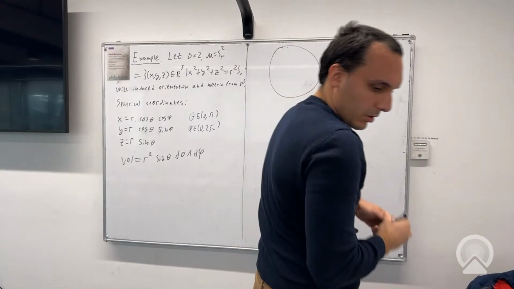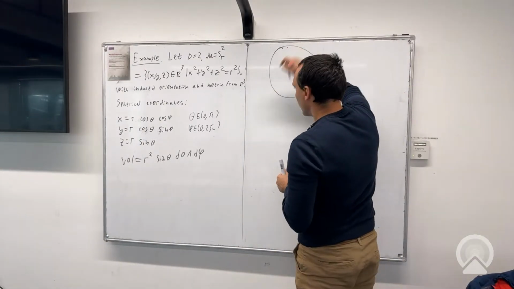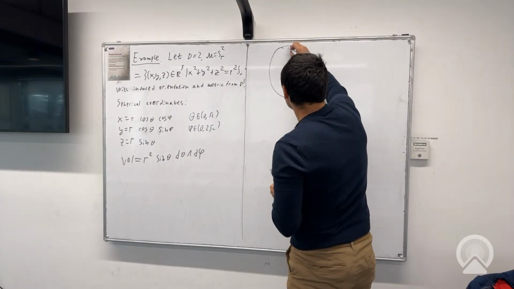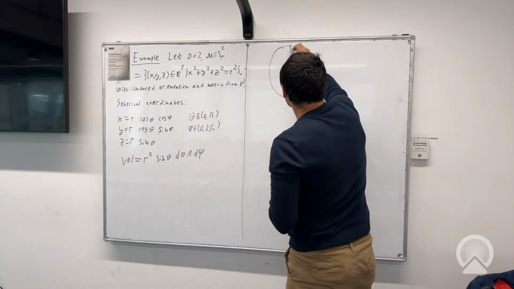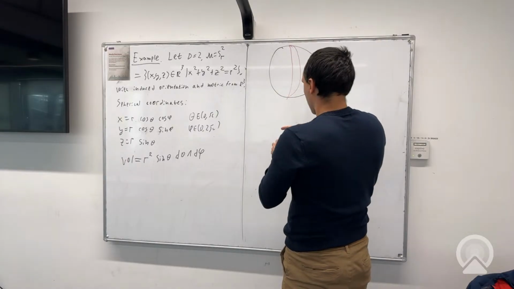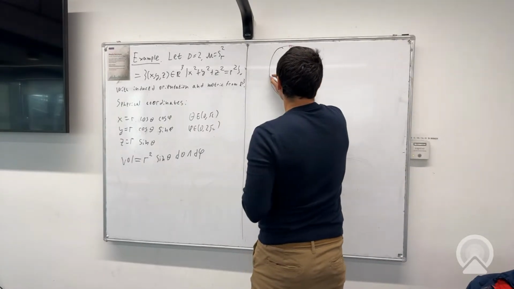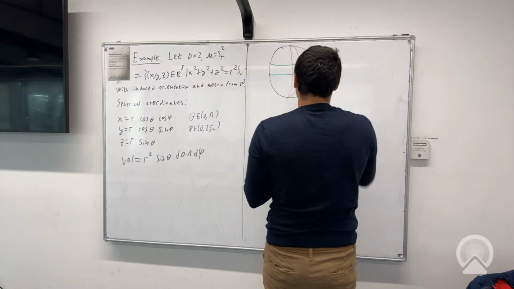I will do a spherical quadrilateral. I use this for some examples in my code, so that's why I want to show that. I have something like that.